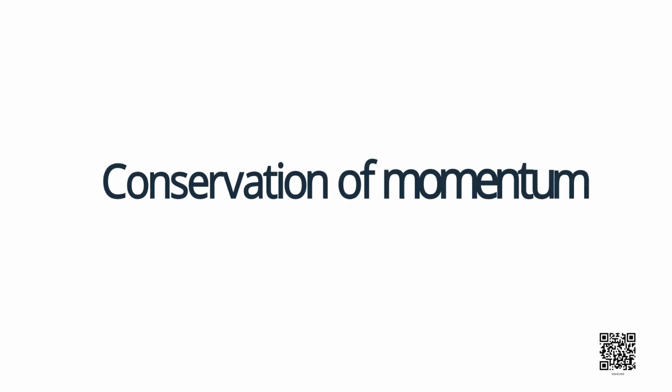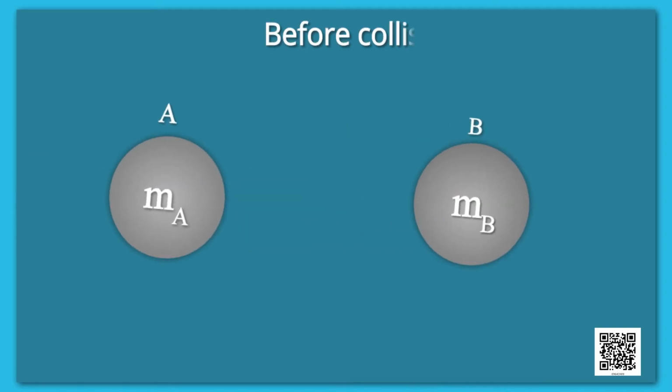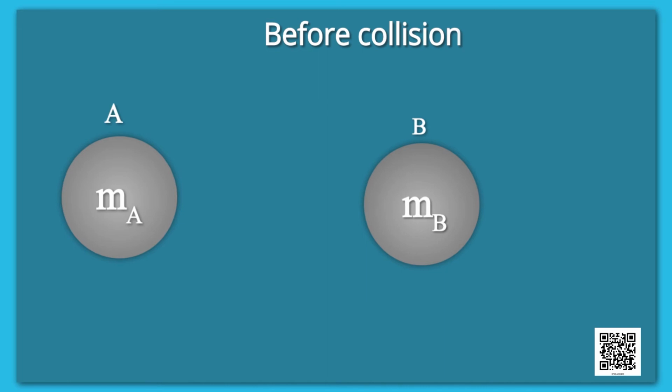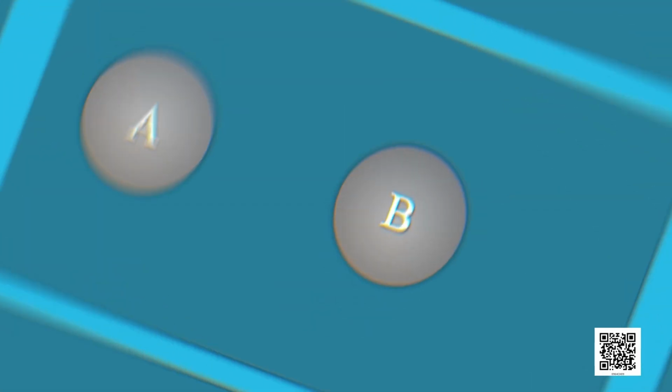Now let us take conservation of momentum. Suppose two objects A and B of masses mA and mB are traveling in the same direction along a straight line at different velocities uA and uB respectively, and there are no other external unbalanced forces acting on them.